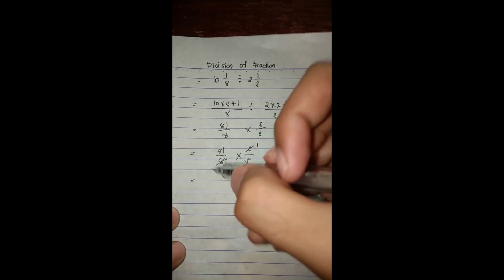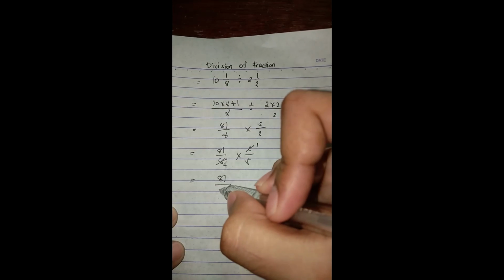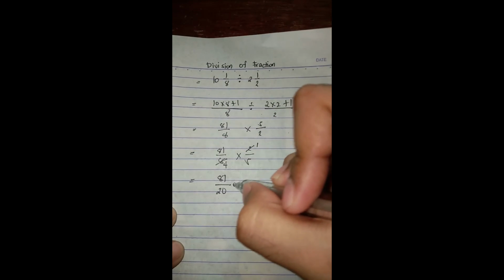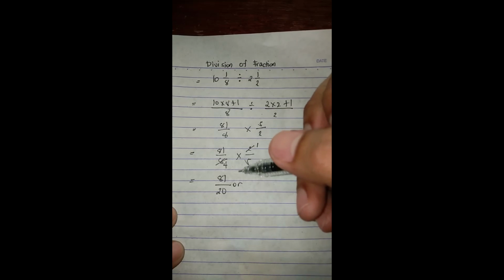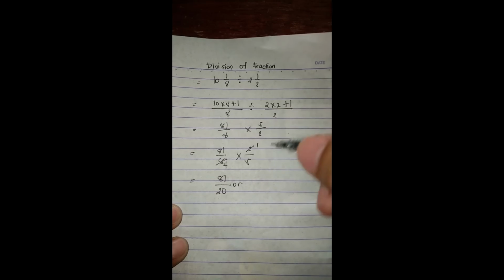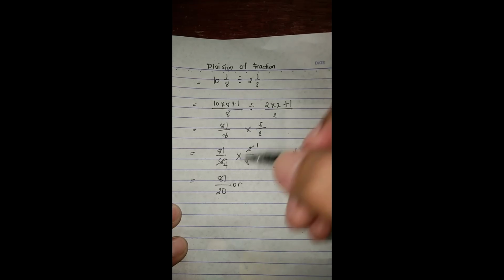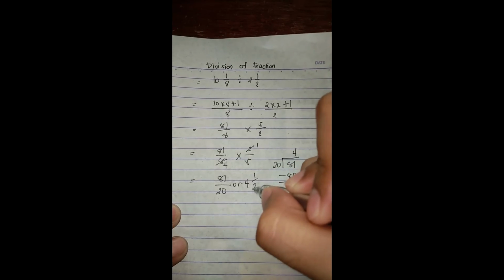So 81 times 1, we have here 81 over 4 times 5, we have here 20. Or, so reduce it into lowest term. So by dividing the numerator and denominator. So 81 and 20. So 81 divide 20, we have here 4. So 20 times 4, we have here 80. So subtract. So 81 minus 80, we have here 1. So therefore, our final answer is 4, 1 over 20.